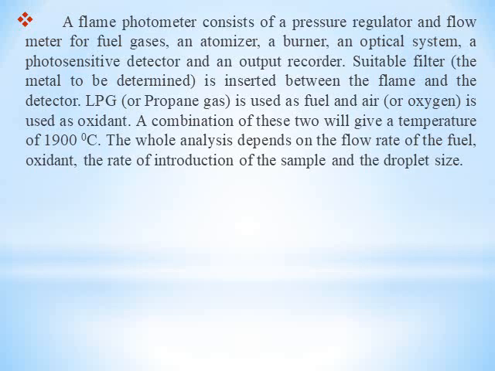LPG or propane gas is used as a fuel, and oxygen is used as an oxidant to burn the metallic solution into vapor form. A combination of these two gives a temperature of almost 1900 degrees Celsius.